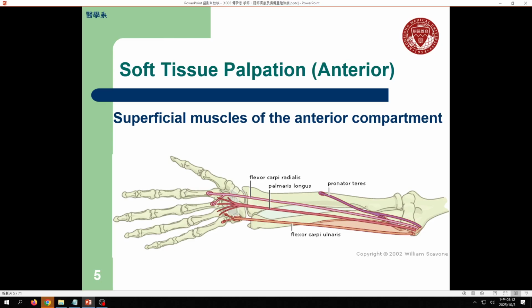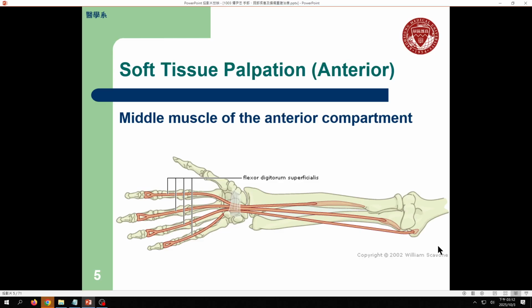Okay, this is the anterior side. All the anterior side tendons originate from what? From the humerus epicondyle area, right? That's the wrist flexion, the major wrist flexion, originating from the medial epicondyle here.